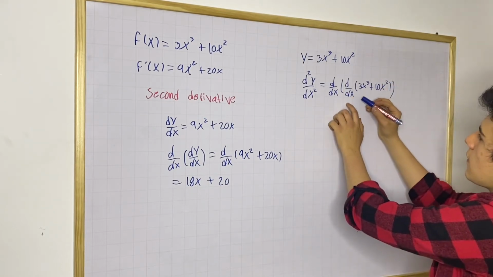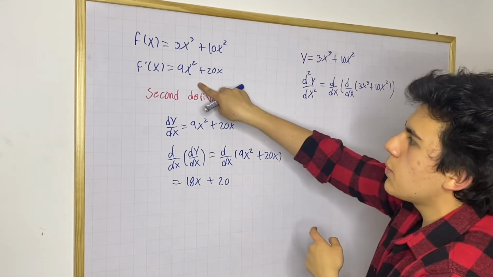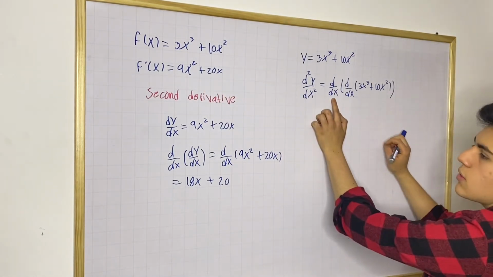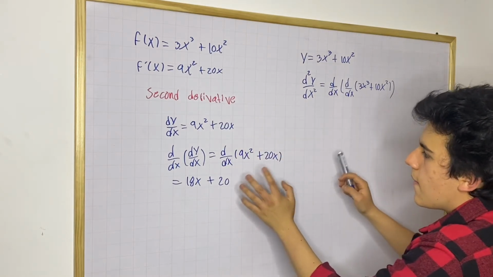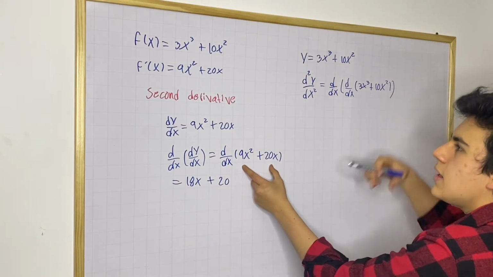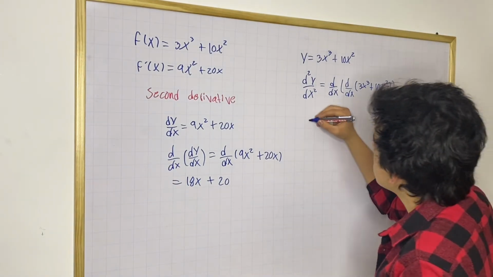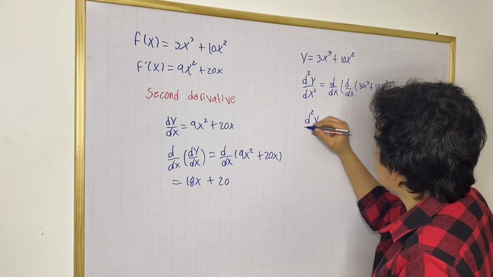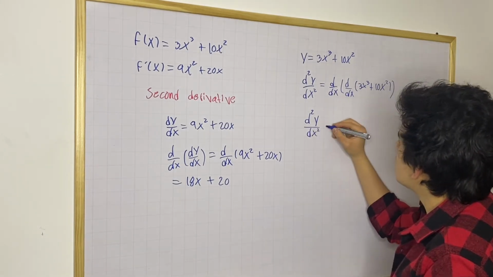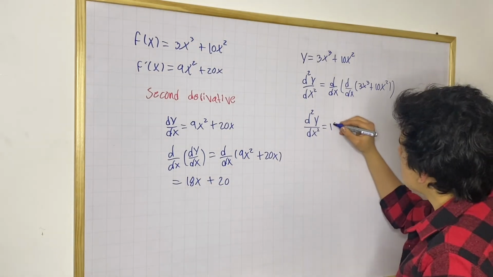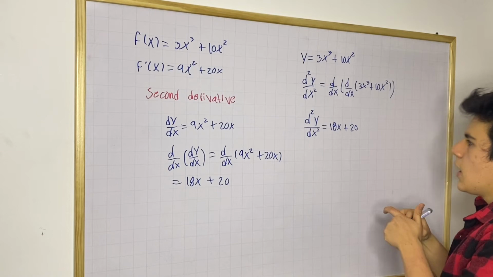First, the derivative of 3x cubed plus 10x squared is f prime. If you take the derivative of f prime, which is dy over dx, which is what we did right there, you're taking the derivative of the derivative of the function, which gives you this. So we could say that d2y over dx2 is going to be 18x plus 20. This is what you get.